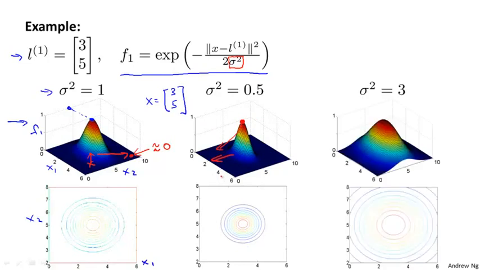Conversely, if you increase sigma squared, so here I've set sigma squared equals 3, then as I move away from L1, which is at location 3, 5, shown up here, the value of the feature falls away much more slowly.